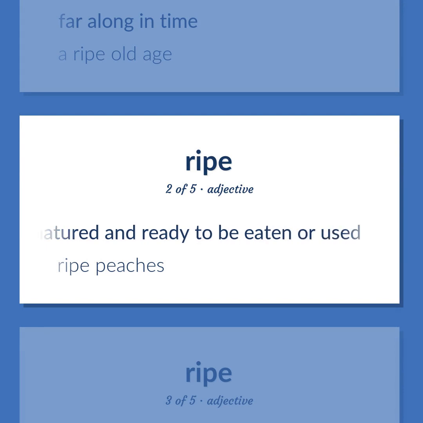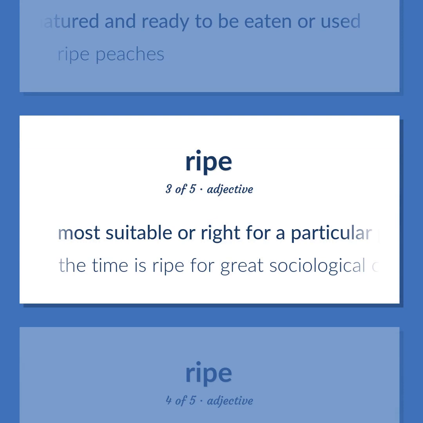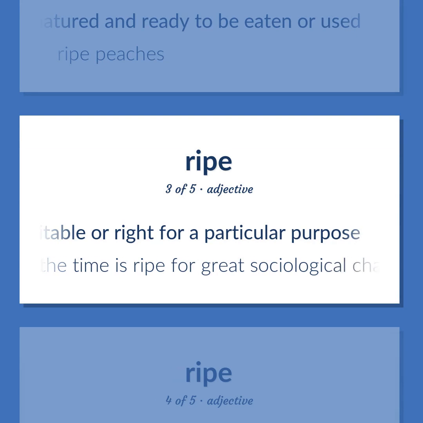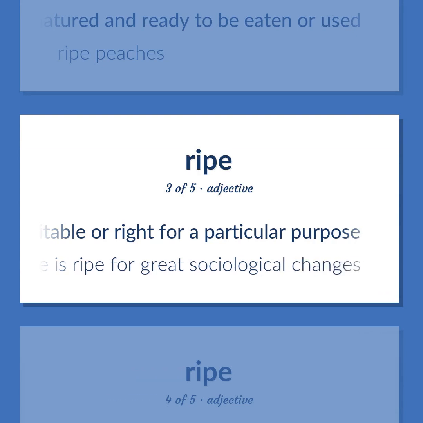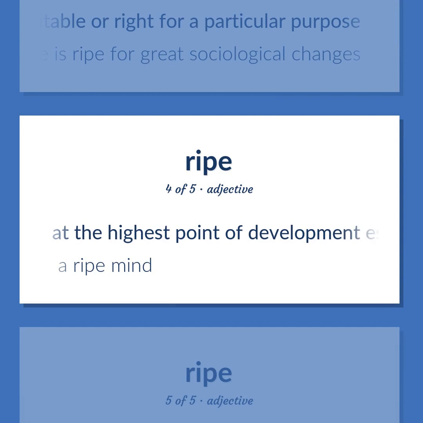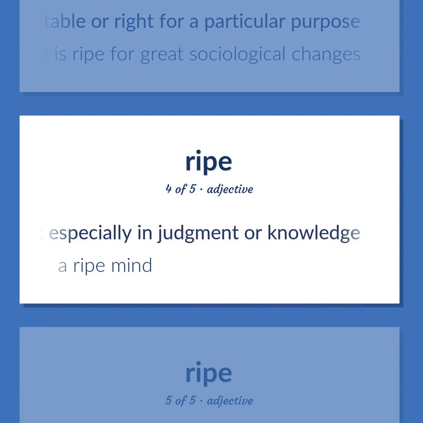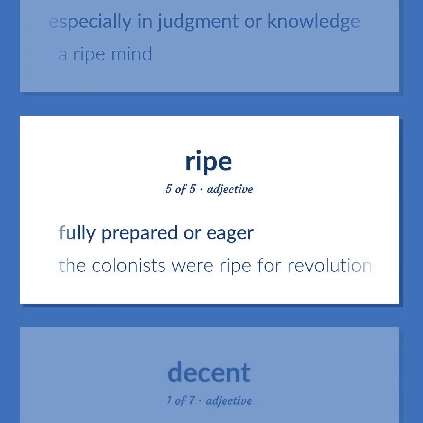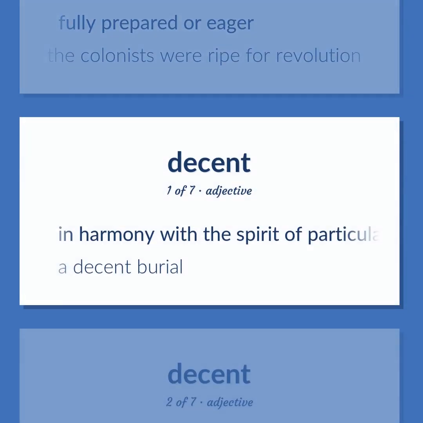Ripe peaches. Most suitable or right for a particular purpose. The time is ripe for great sociological changes. At the highest point of development, especially in judgment or knowledge. A ripe mind. Fully prepared or eager. The colonists were ripe for revolution.